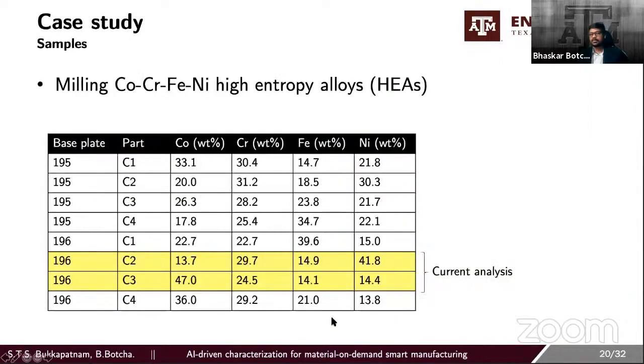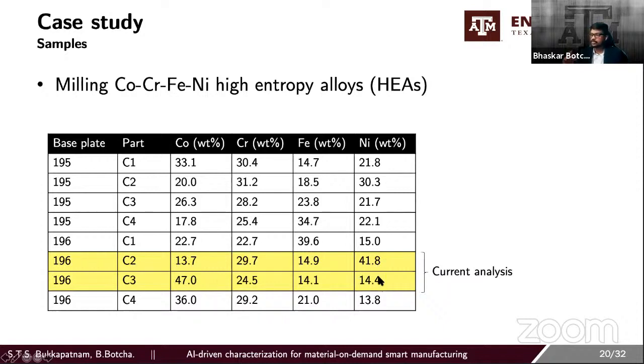So these are the material compositions, different elemental compositions, and we have 8 different alloys. For the current analysis, we just look at these 2 particular material systems, where we can see a major difference in cobalt and nickel compositions. 196C2 has very low cobalt and very high nickel, and 196C3 has very high cobalt and very low nickel.